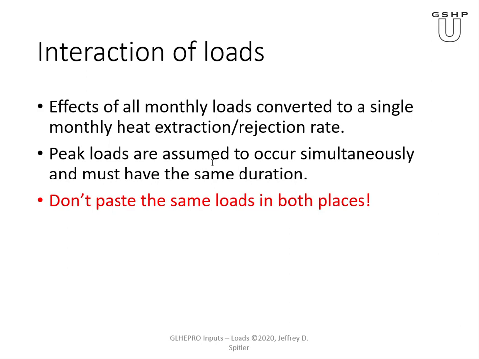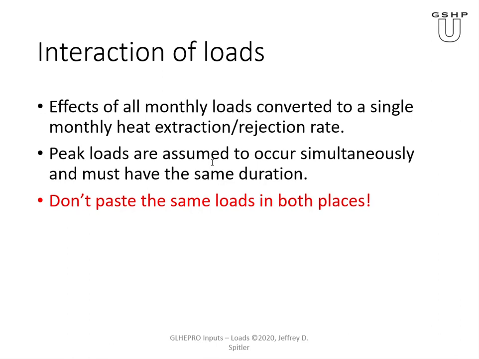Okay, the loads are in GLHE Pro. There are two different places you input them, depending on which of those icons you press. All of the monthly loads, heating on the heat pump, cooling on the heat pump, heating on the ground, cooling on the ground, are all converted to a single monthly heat extraction or rejection rate.